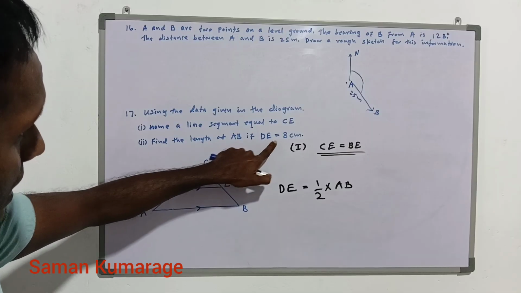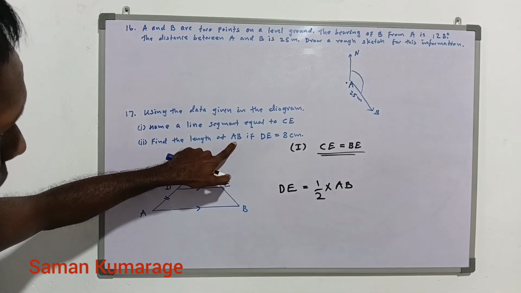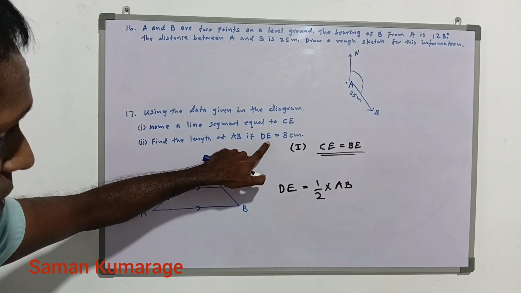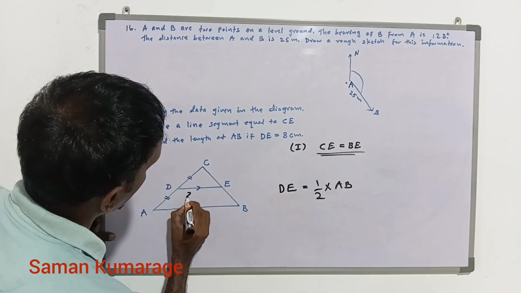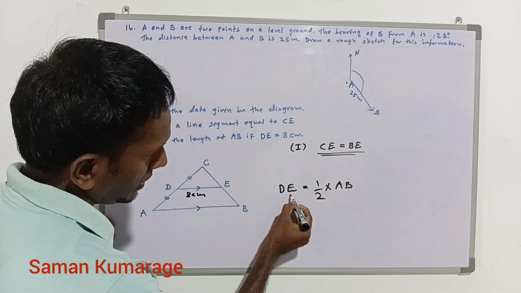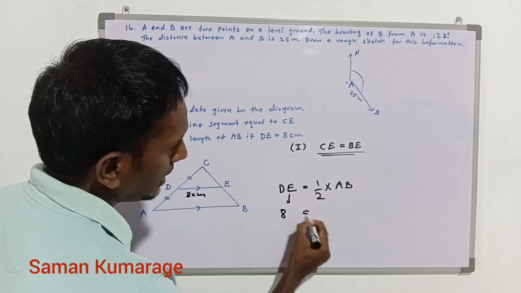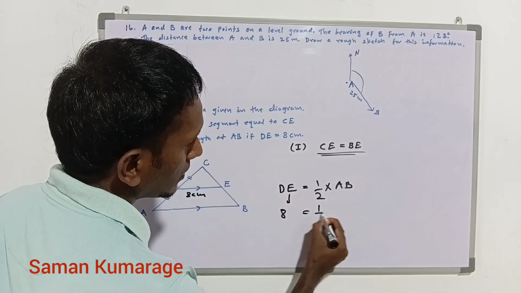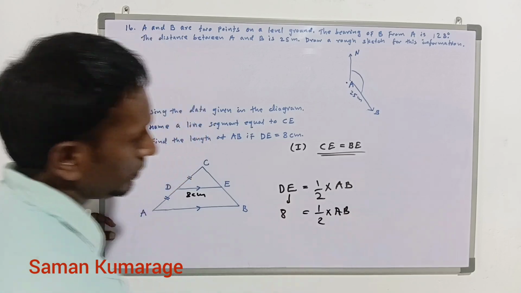Sorry, they are asking the length of AB. DE is already given. The length of DE is 8 cm. So we can substitute 8 for DE, so 8 equals half of AB.